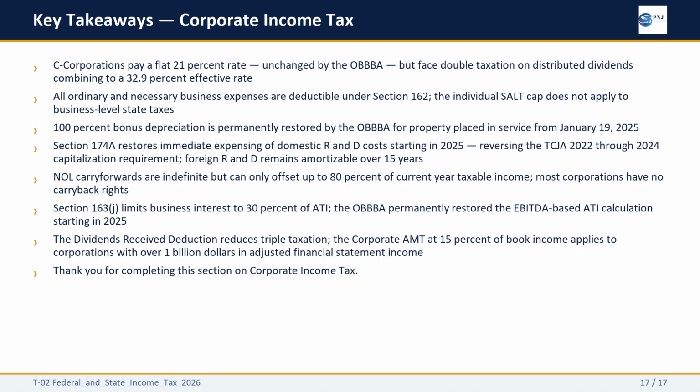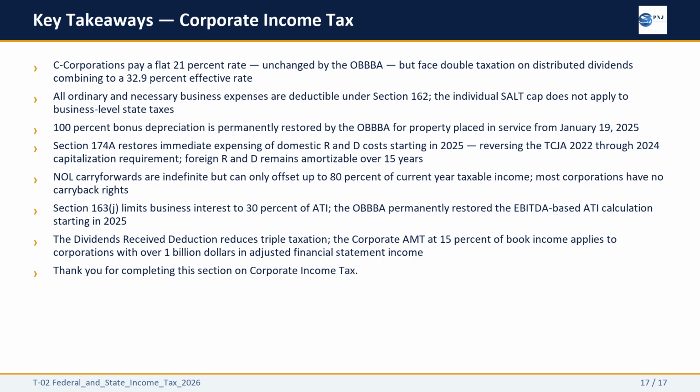Section 174A restores immediate expensing of domestic R&D starting in 2025. Foreign R&D remains amortizable over 15 years. Net operating losses carry forward indefinitely, but are capped at 80% of current year taxable income with no carryback for most corporations.